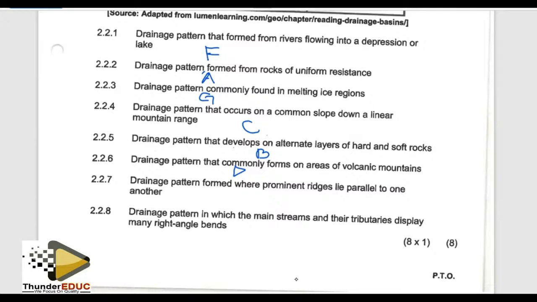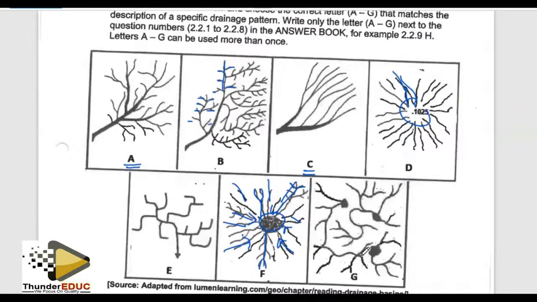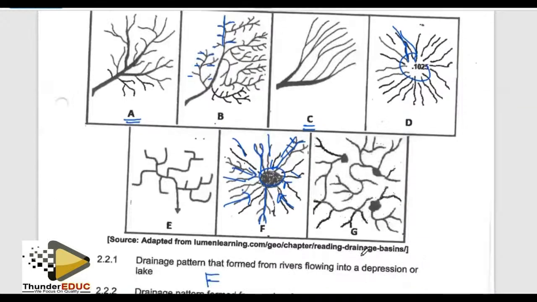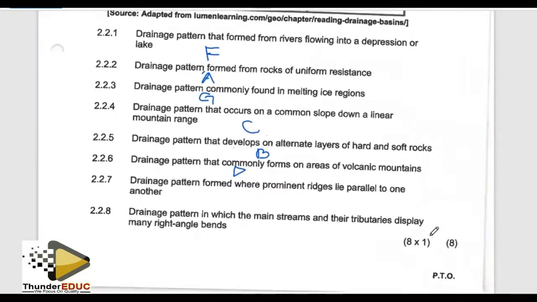Drainage pattern formed where prominent ridges lie parallel to one another. Let's check this question once again. Sorry about that, this technology.